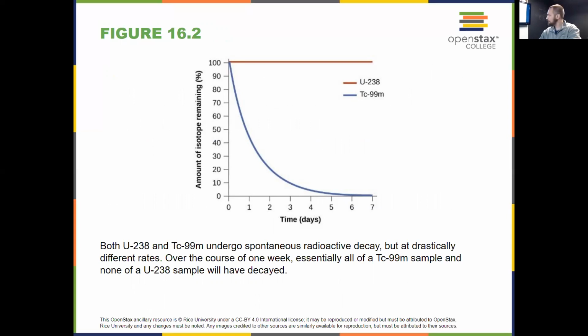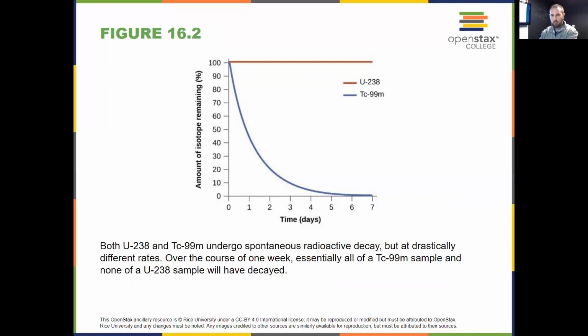They will happen, but if we think about those 2 half-lives, our decay in that blue line for technetium has a half-life of about 6 hours. For uranium-238 decay, that half-life is about 4 billion years. So those are both spontaneous, but they're very different kinetically. The technetium decay has a faster rate.